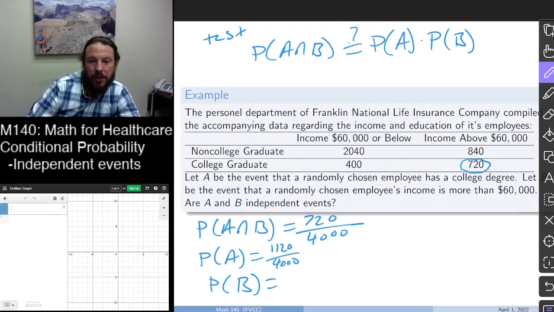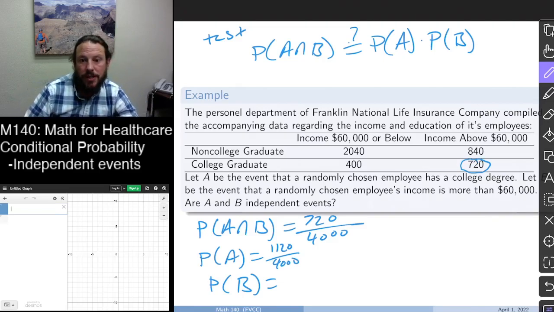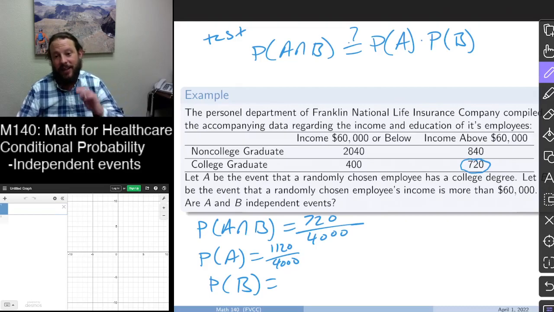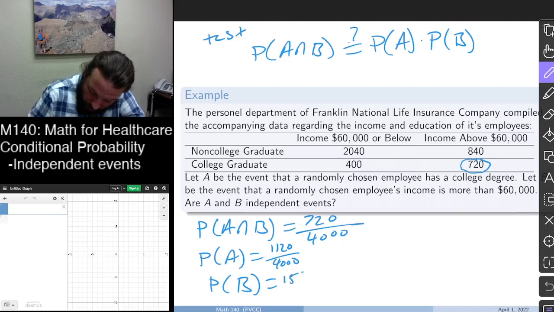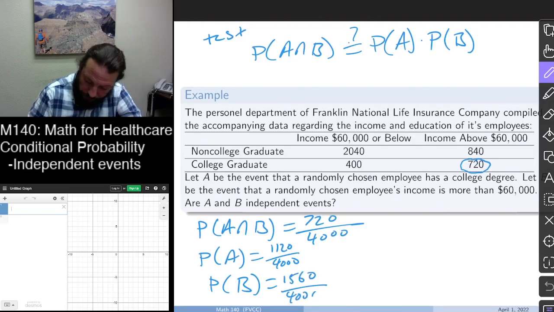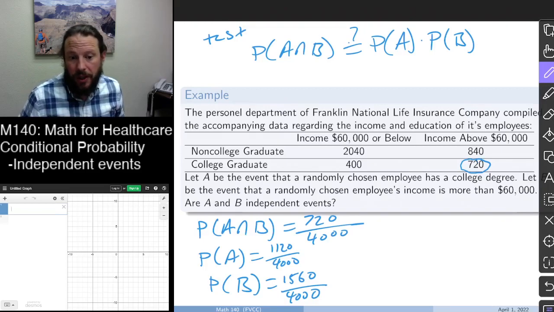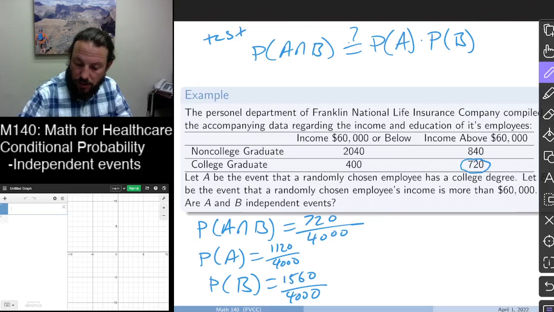And the probability of B equals, let's see here, making more than 60,000, that's going to be 840 plus 720, what was that, 1580, no, 1560, sorry, 1560 out of 4,000. All right, so we got to test those probabilities. It's probably easiest to just get these into decimal.